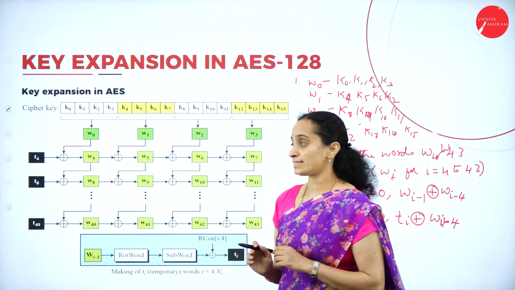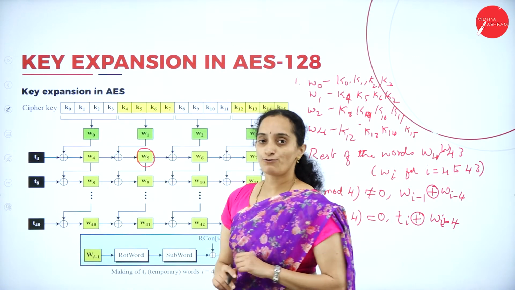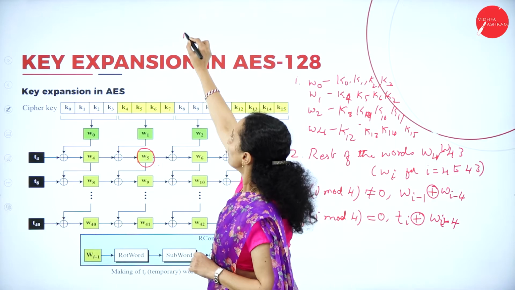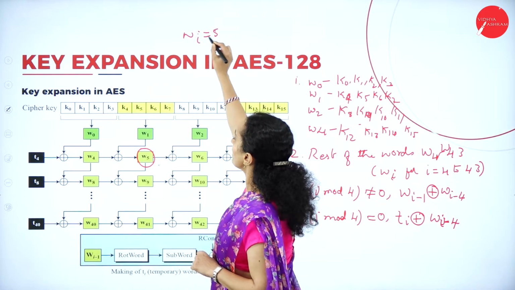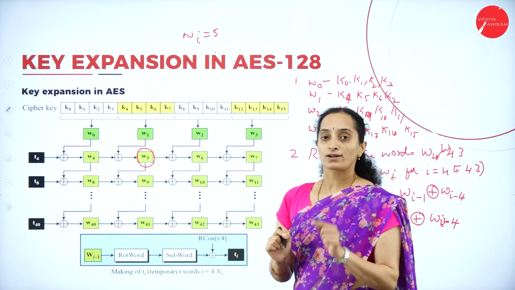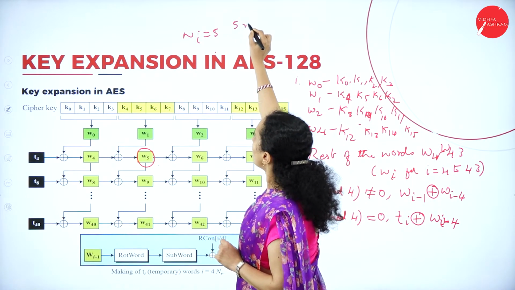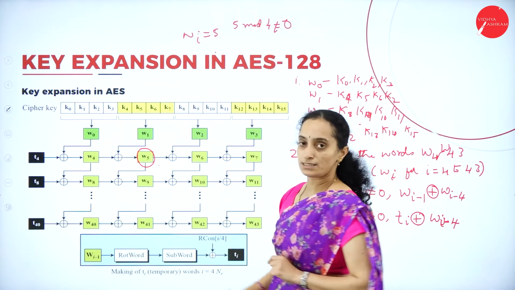Let's check an example. Suppose I want to generate W5, so i equals 5. What is the expression? First we have to calculate the modulus operation. i is 5, and 5 mod 4 is not equal to 0.